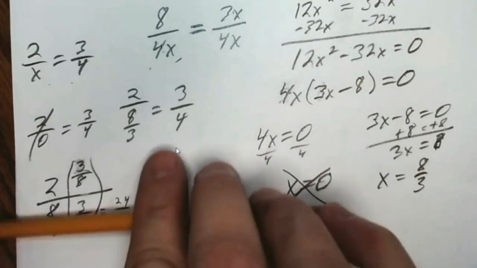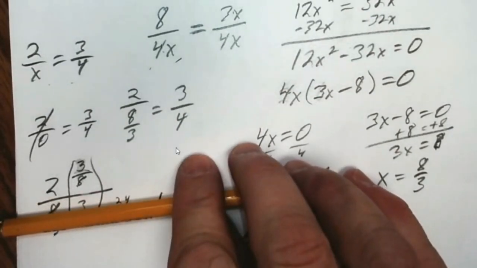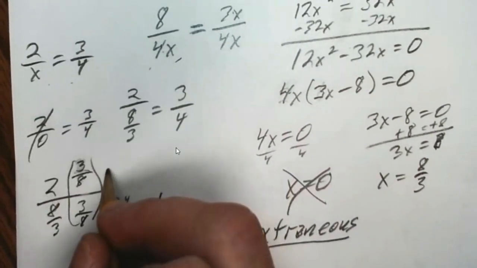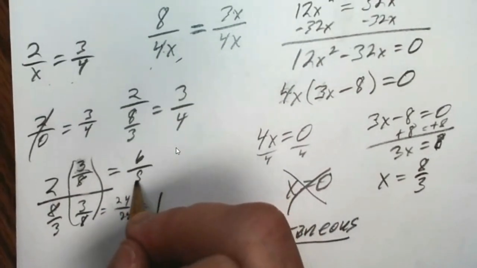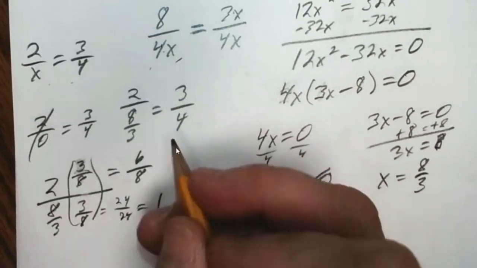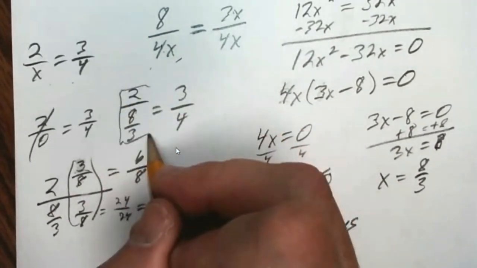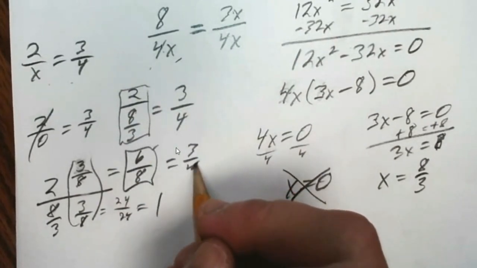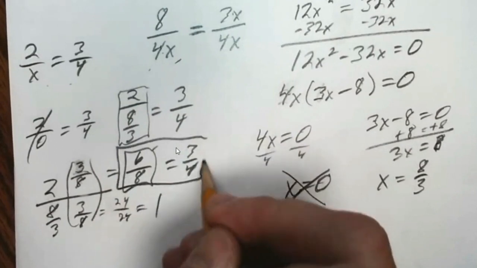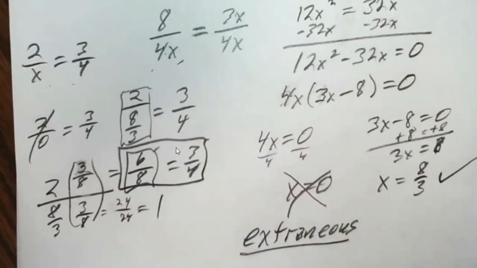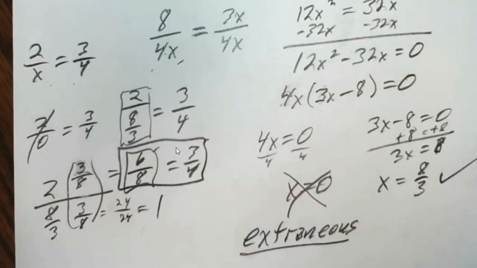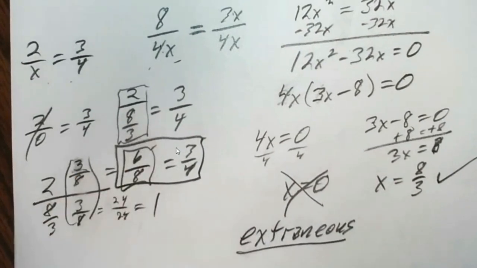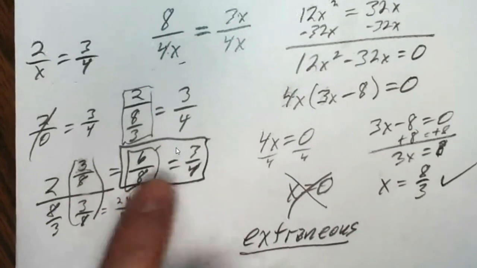So that gets rid of the bottom, because anything over 1 is just itself. So 2 times 3/8 is 6/8. This simplifies to 6/8, and 6/8 does equal 3/4. So this is a good solution.